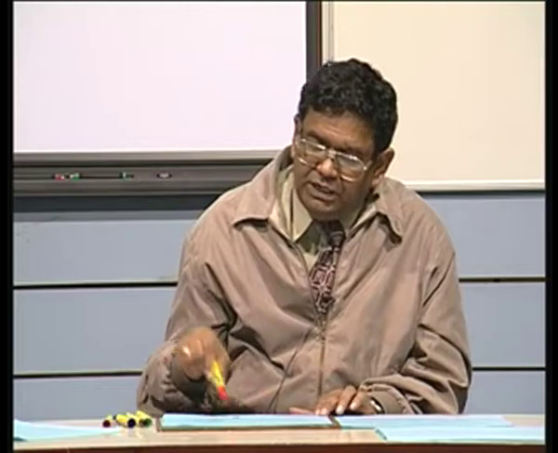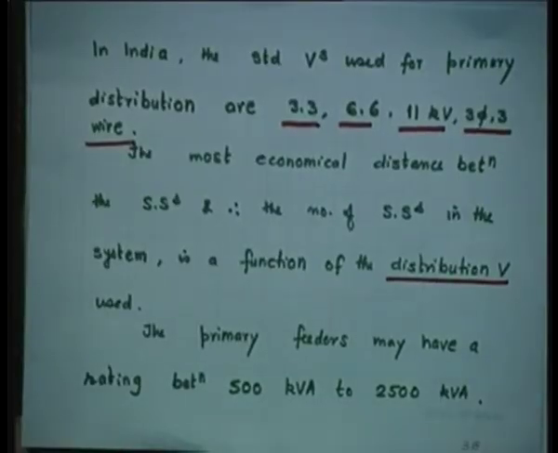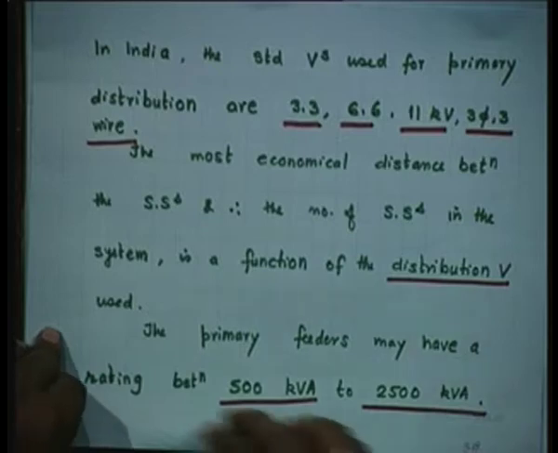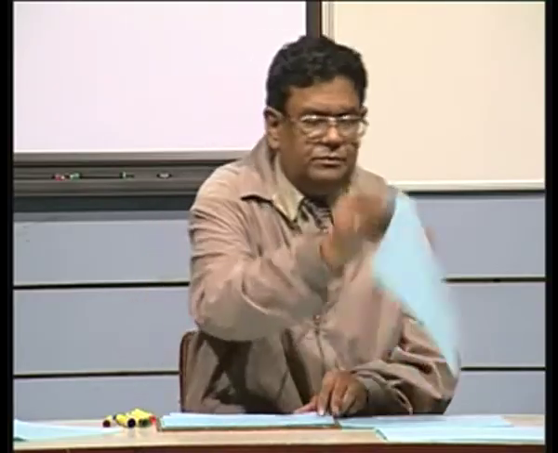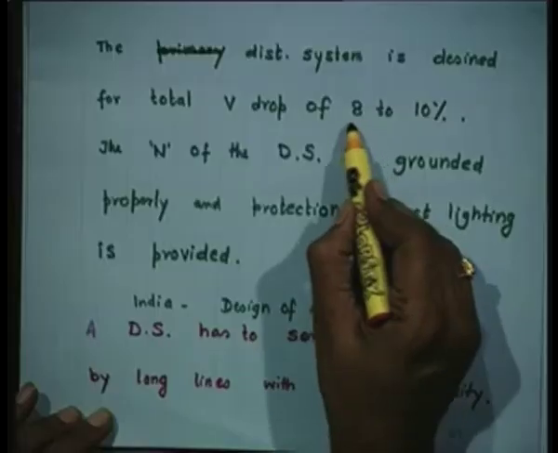The primary feeders may have a rating between 500 kVA to 2500 kVA. This is the range in which the primary feeders can be. The distribution system is designed for a total voltage drop of 8 to 10%, not more than that.